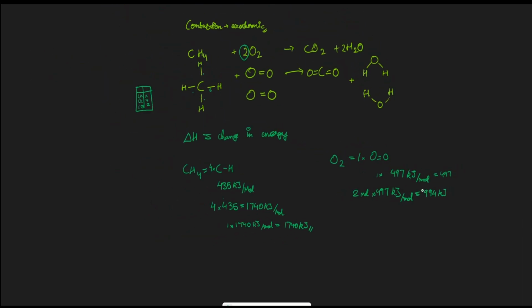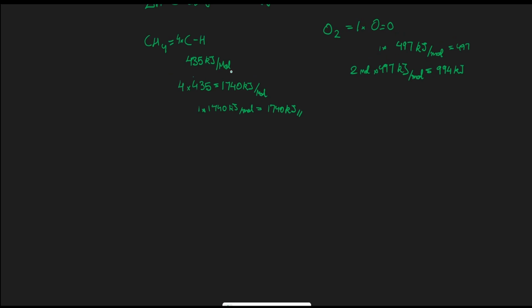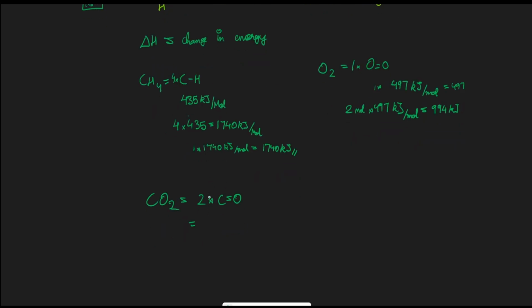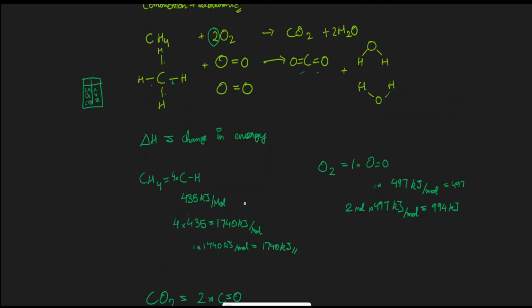Now let's look at the products. Carbon dioxide, it's 2 bonds, 2 CO double bonds, right? 1, 2. So that's 2 into C double O bond. And C double O bond typically has 803 kilojoules, right? So that's 2 into 803. Now we're also going to look at the number of moles, which is just 1. If there's no number, it's just 1.